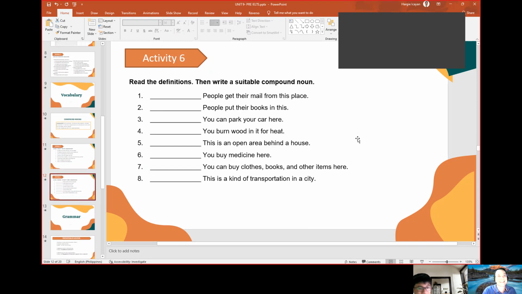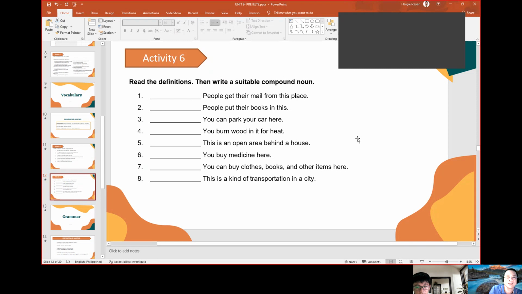Okay. Next, part of our vocabulary would be this one. We are going to know the definitions of these statements by using the suitable compound noun. Now, number 1, can you read the sentence first and then say the correct answer?